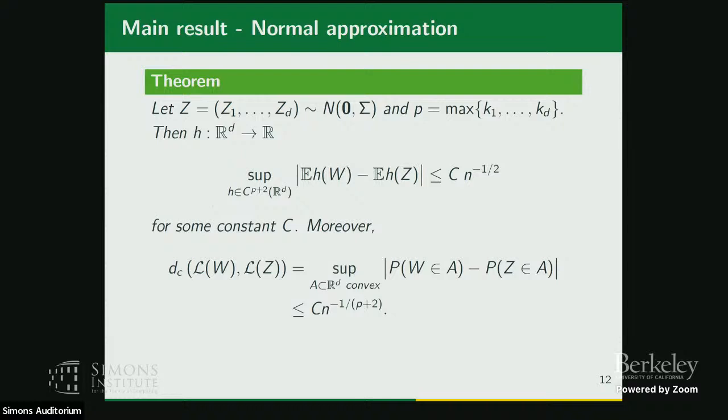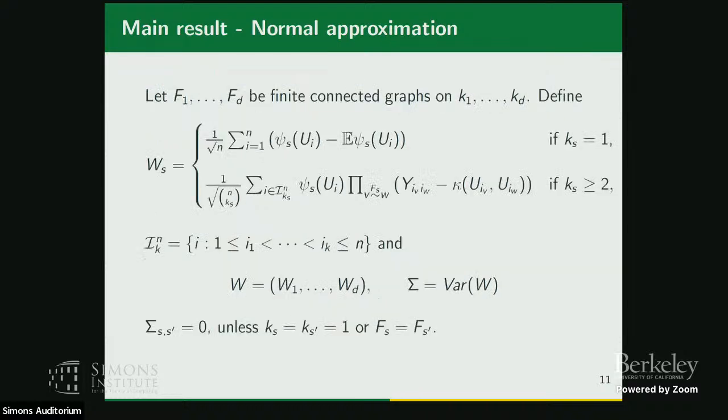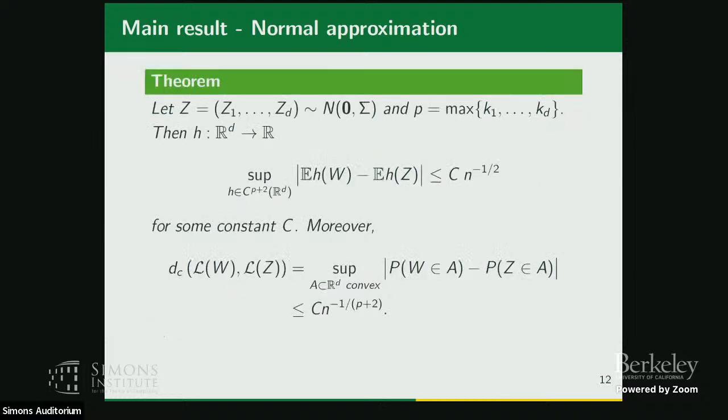So with this, what we now want to show is the CLT for this vector W converging to normal, not standard normal, normal 0 with this variance matrix.